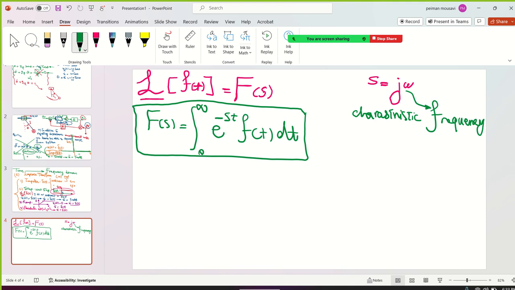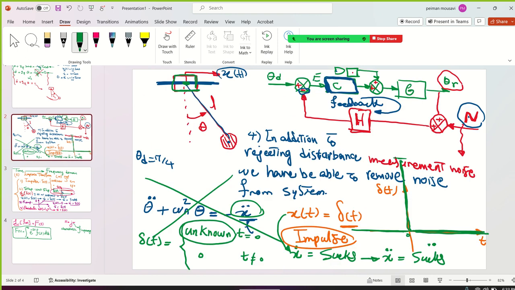You got it, everyone? Understand? So we are moving from the time differential equation to the transfer function in the frequency domain. And it's very easy for control systems at the undergraduate level.